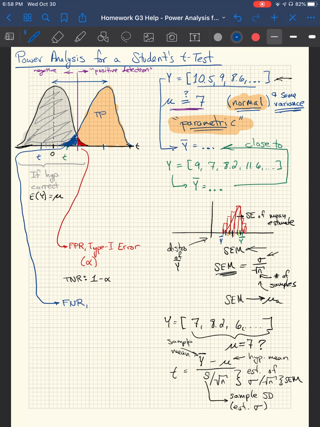The probability of that, the false negative rate, is otherwise known as type 2 error, which you might be familiar with as beta. And then the true positive rate, you can view that as 1 minus beta, and that's also called statistical power.